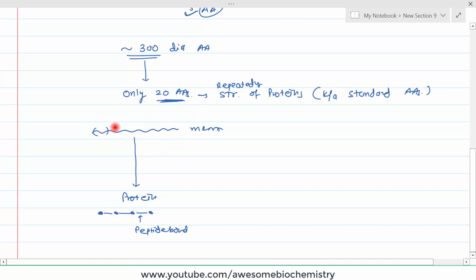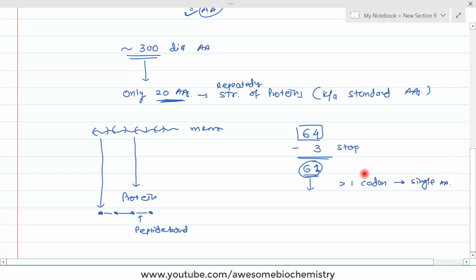On the mRNA there are codons, 3 consecutive nucleotides which specify a codon, and this codon specifies an amino acid. There are a total of 64 different codons, and out of these 64, if we deduct 3 stop codons which do not code for any amino acid, we are still left with 61 codons. But there are multiple codons which can code for a single amino acid.